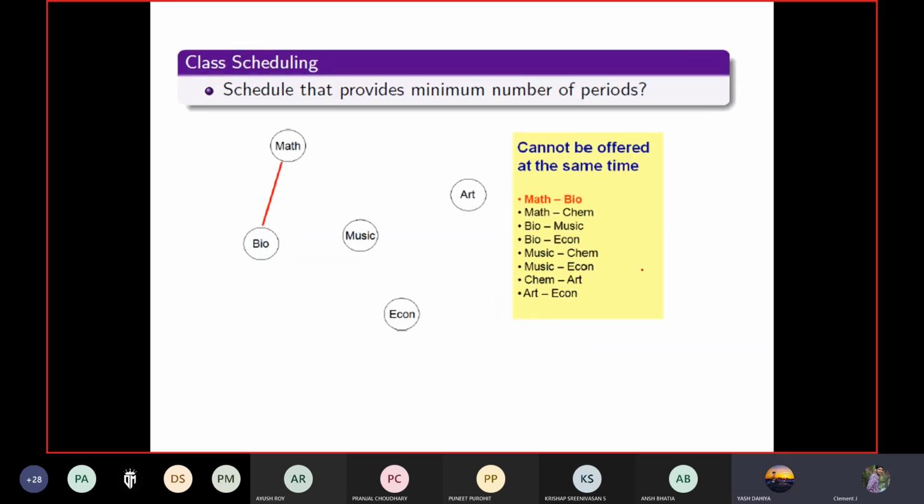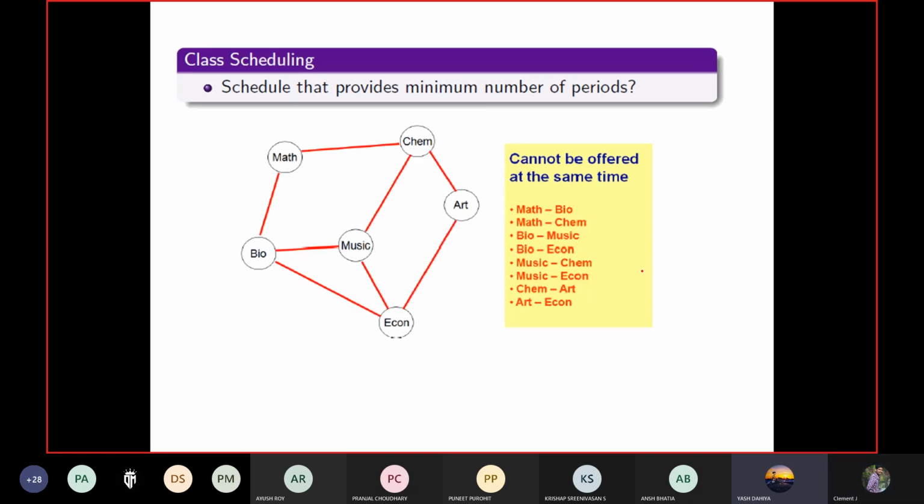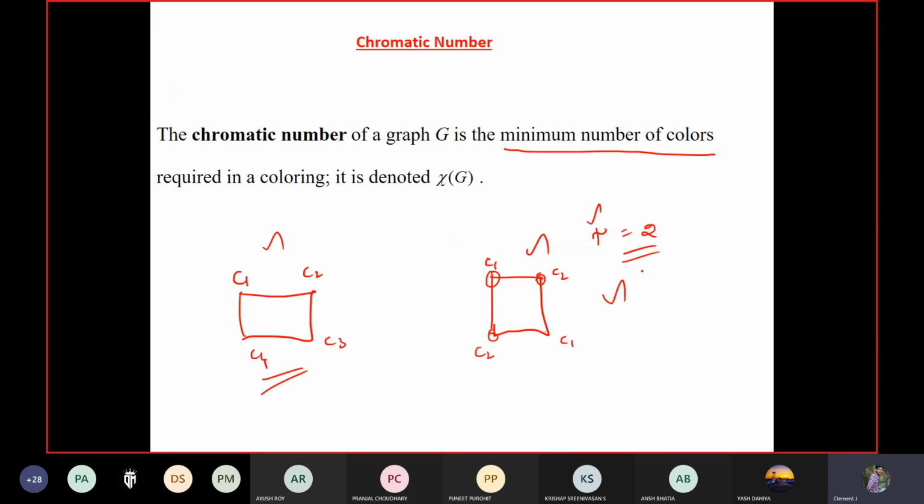Sir, for proper coloring, the chi value is 0. No. In proper coloring, it is not always 0. That is what I have already conveyed to you. Both come under proper coloring, but I cannot say the other labeling does not come under chromatic.